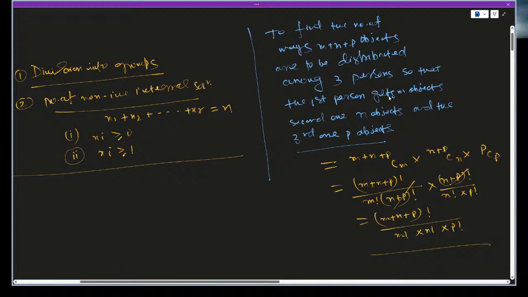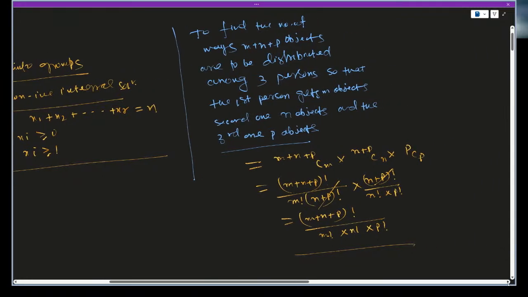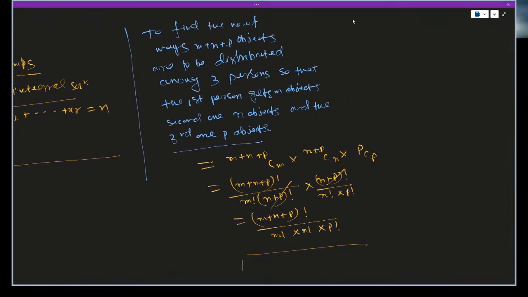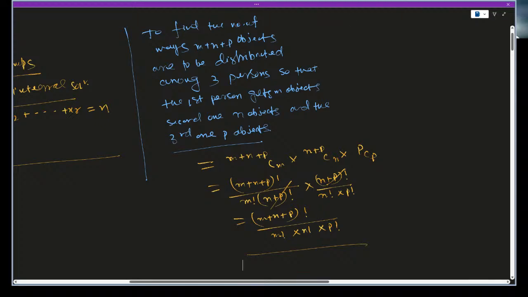So this is the number of ways you can divide among 3 persons so that the first one obtains m objects, second one n, third one p.